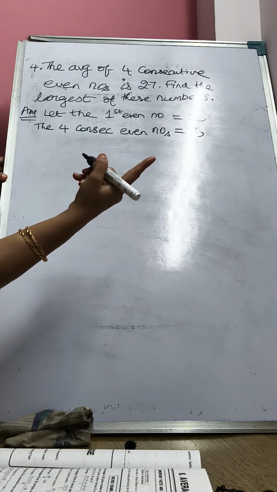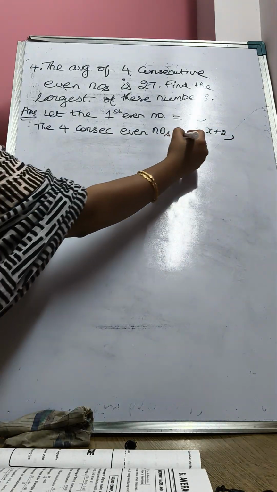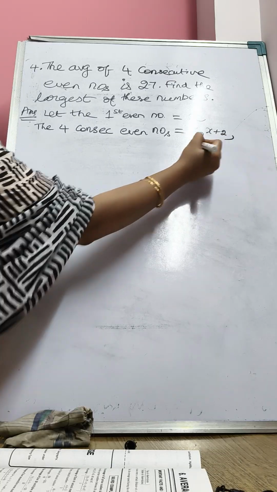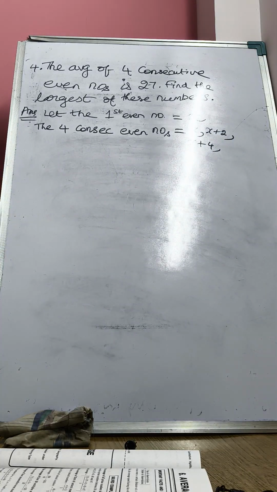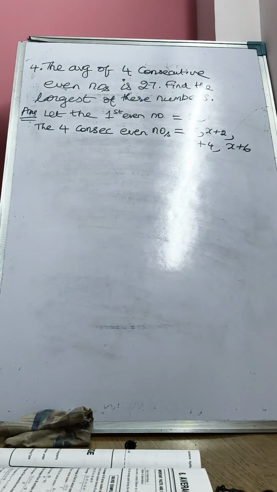What is the next even number? x plus 2. What is the next even number? x plus 4. What is the next even number? x plus 6. So these are the 4, adding 2 every time for even numbers. Therefore, adding 2 to x gives x plus 2.